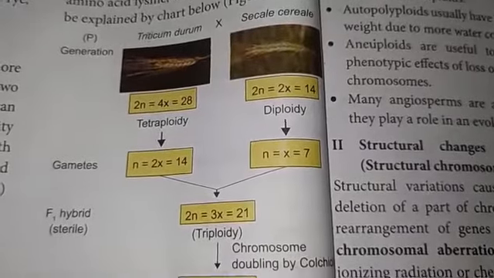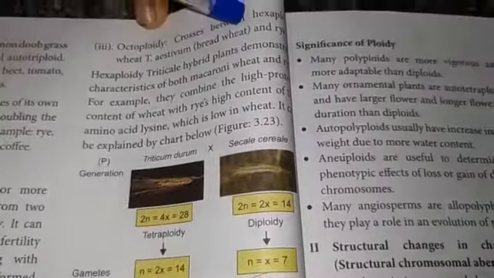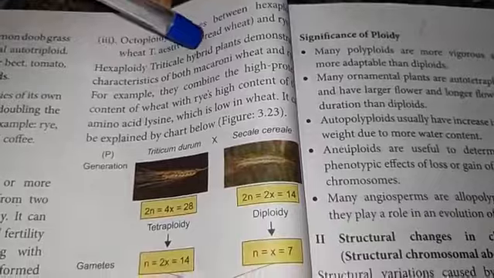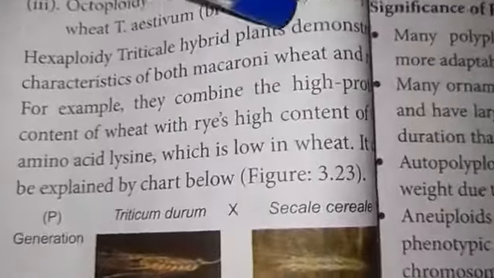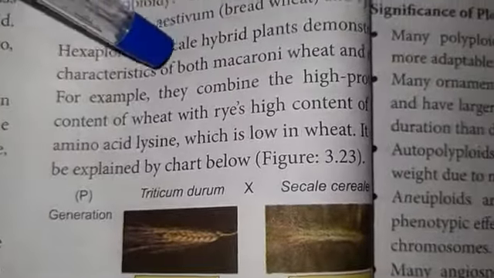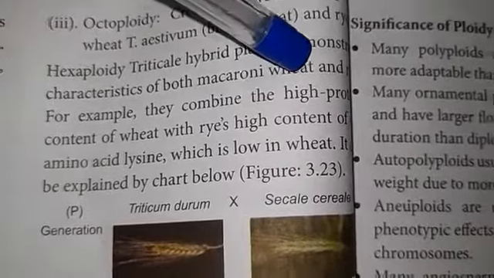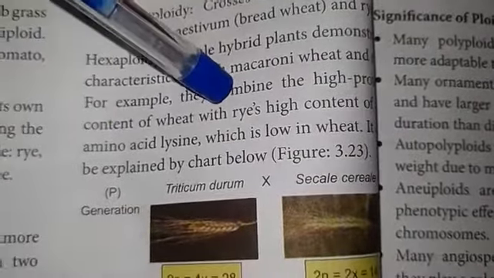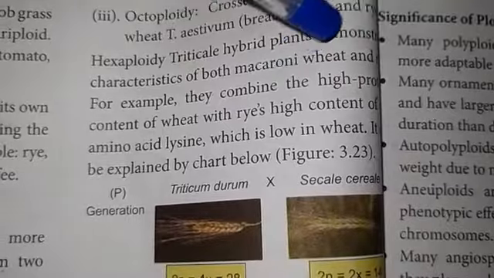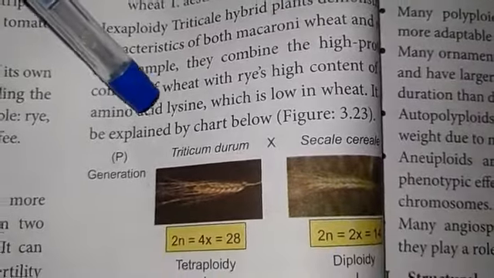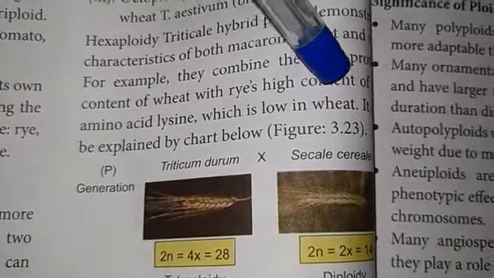The hexaploid triticale hybrid plant demonstrates the characteristics of both the macaroni wheat and the rye variety. They combine the high protein content of wheat and the high content of the amino acid lysine in rye, which is low in the wheat.